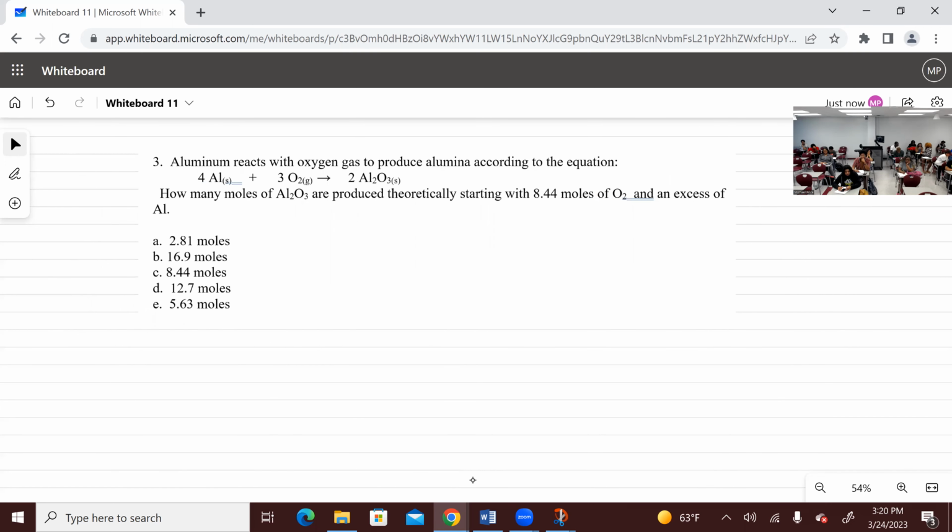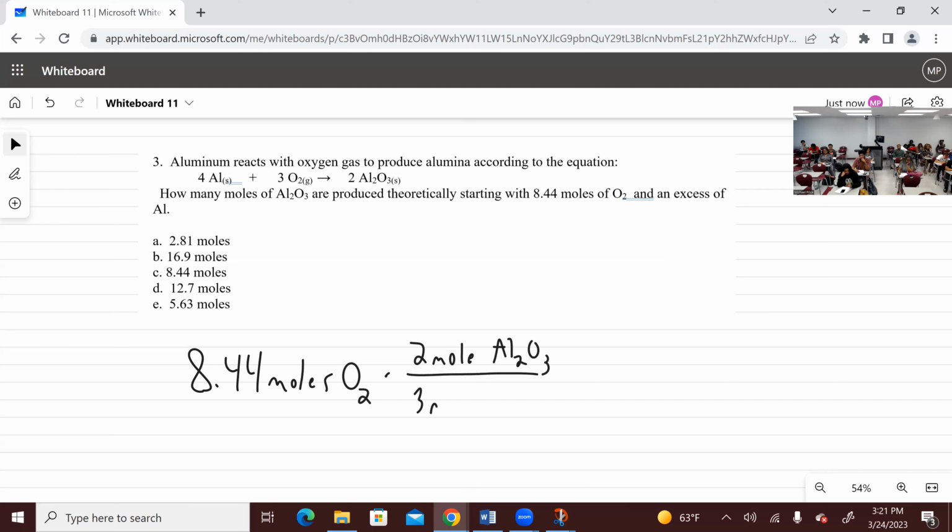All right. So aluminum reacts with oxygen gas to produce alumina according to the equation: 4 aluminums plus 3 O2 yields 2 alumina. How many moles of alumina are produced theoretically? So I'm going to have 8.44 moles of O2 times, let's see. I'm trying to get moles of alumina, so I'm going to say 2 moles of Al2O3 for every 3 moles of O2, right?